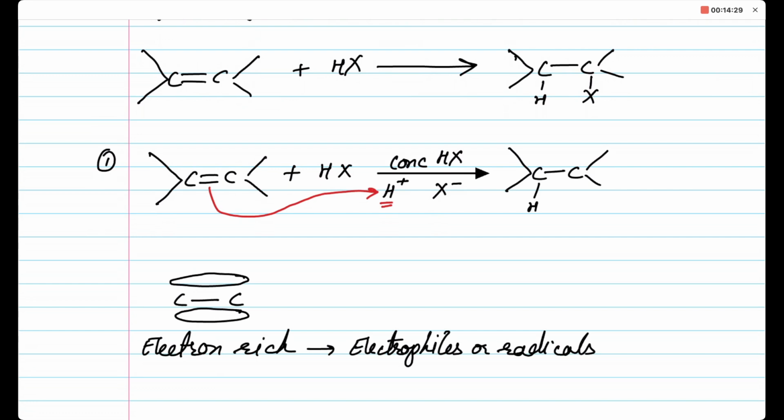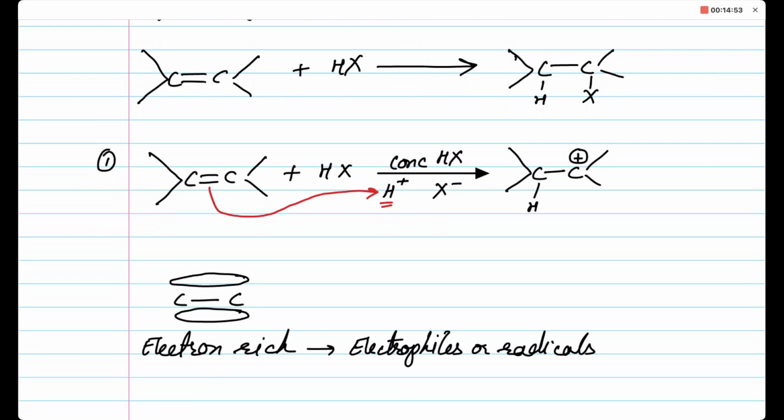Now the charge has to be conserved. If the hydrogen attaches to one of the carbons, then the positive charge would be created on the carbon adjacent to it. The positive charge is not created on the carbon on which the hydrogen attacks, but on the adjacent carbon.